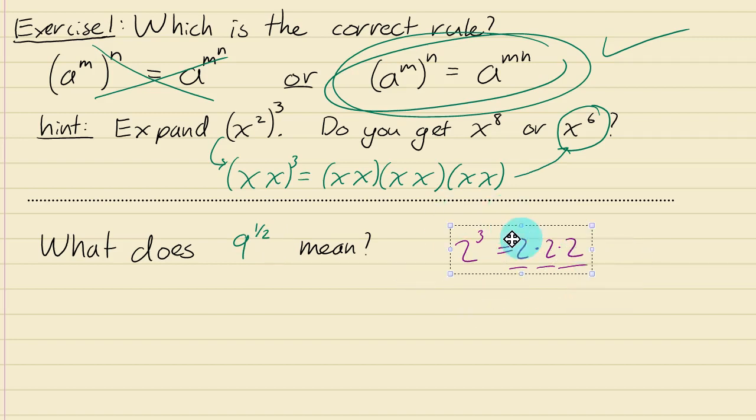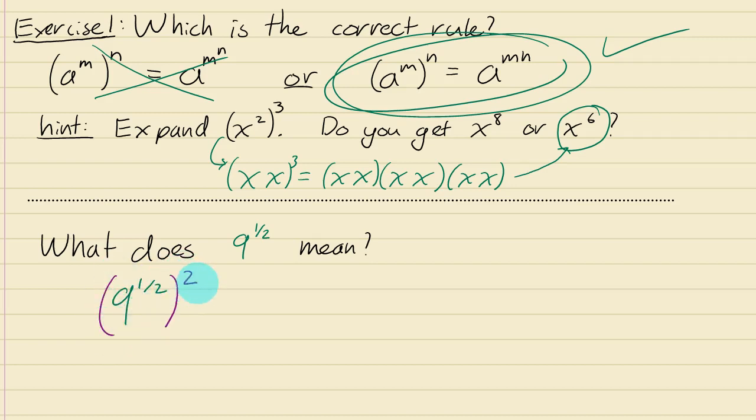So let's think about what that means using this rule. We want to define 9 to the 1/2 to be something that is consistent with all of the rules from 6.1, so that we can still keep using them even if we have weird numbers like 1/2 in the exponent. So let's think about what would happen if we did 9 to the 1/2, but then raised that to the power 2.